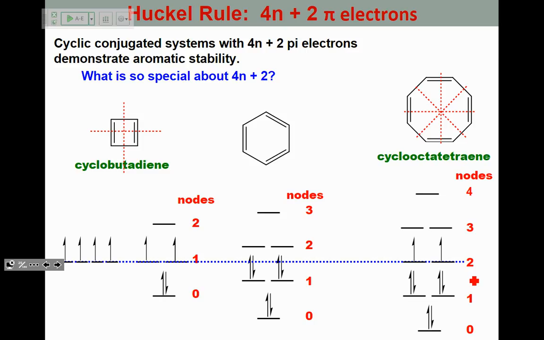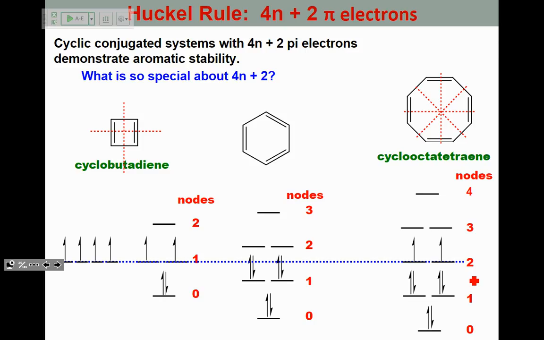So because of that, what we see is when we have a system that is cyclic and closed, the molecular orbital diagram won't look like these unless it's a cyclic conjugated closed ring system. So if this was linear, it wouldn't look like this, and it would clearly be non-aromatic.